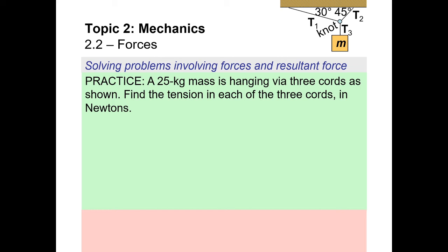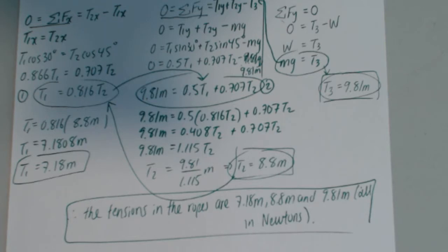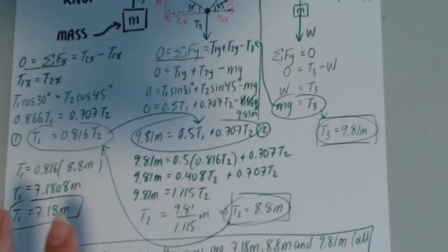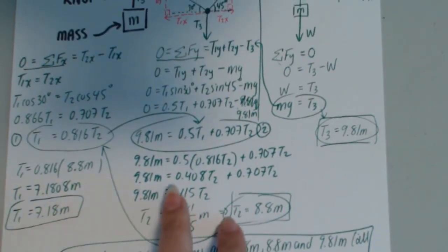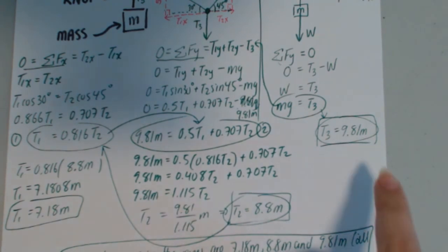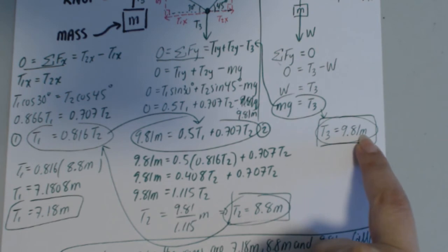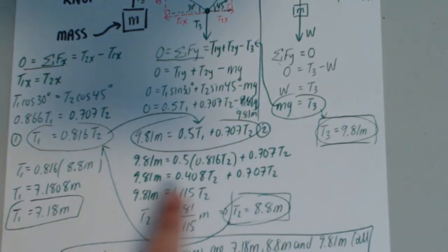If you look back at our solution, we found T1, T2, and T3. If you're given the mass, which in this case we're told is 25 kilograms, you just have to plug in 25 here, here, and here, and you'll find the exact numerical values of the tensions.